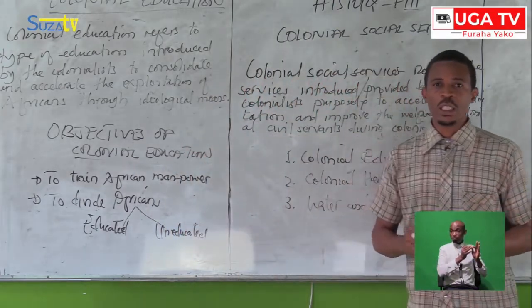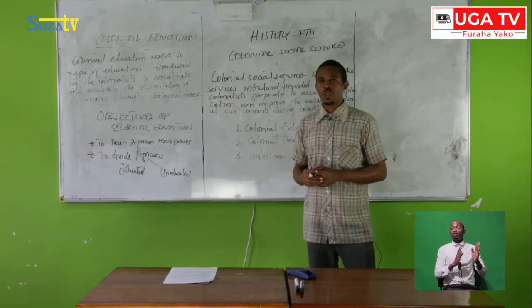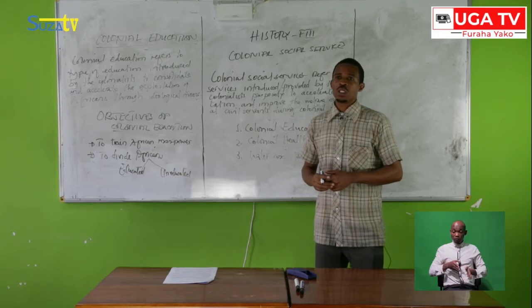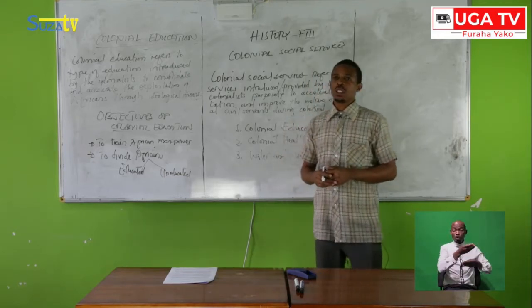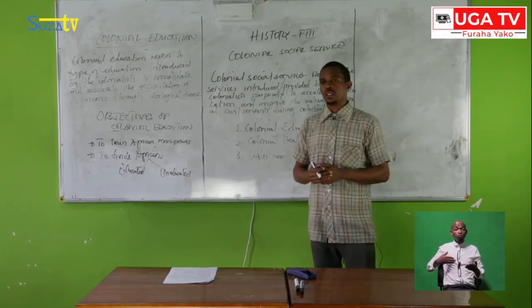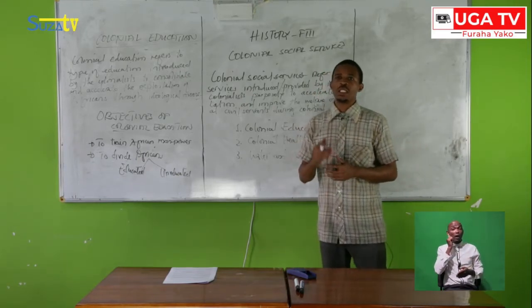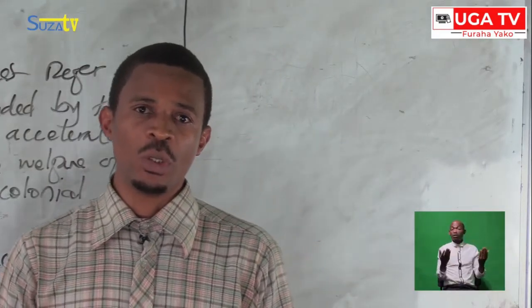Another objective is to facilitate raw materials production. Raw materials were one of the economic demands of the whites. One of the reasons for the establishment of colonialism in Africa was to get raw materials.